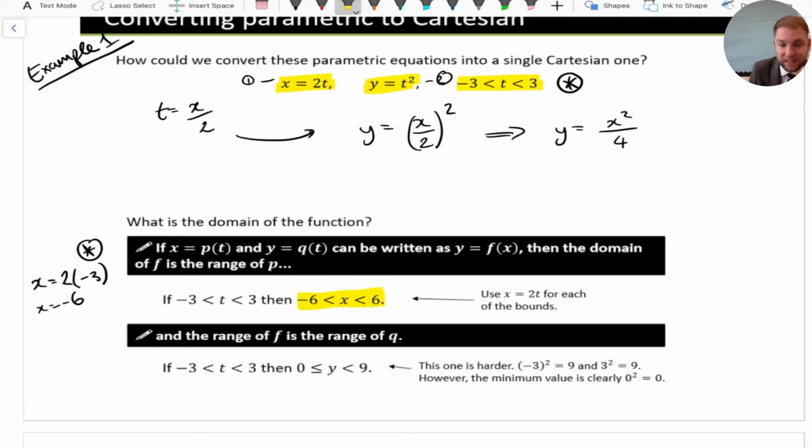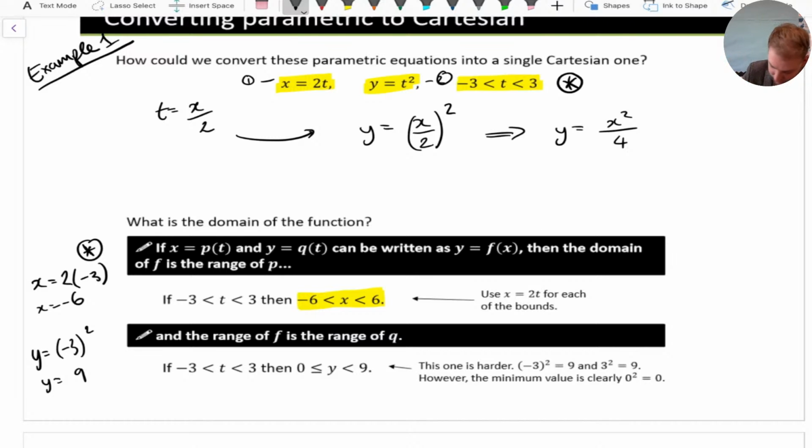If I sub in -3 into both of these, I get a bit of an issue. If I sub -3 into y is equal to t squared, y is equal to -3 all squared, which gives y is equal to 9. However, for y equals t squared, this goes all the way down.